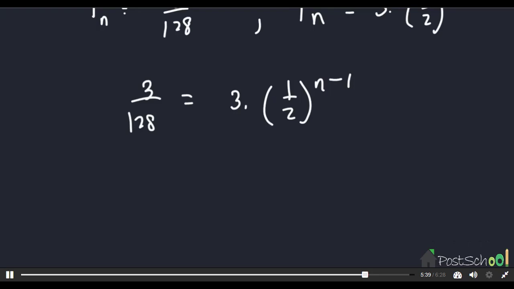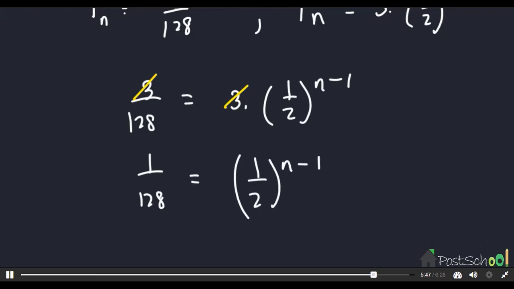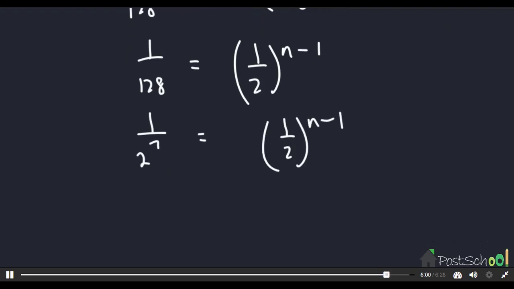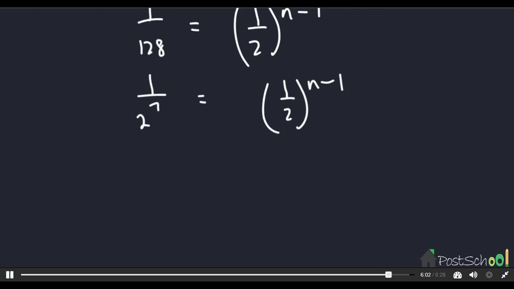Therefore we can cancel 3 and 3, and we are going to have 1 over 128 equals 1 over 2 to the power n minus 1. Again, we can factorize 128 and we get 2 to the power 7. So this is 1 over 2 to the power 7 equals half to the power n minus 1. We can use logarithms, but there's no need since we can easily factorize this.